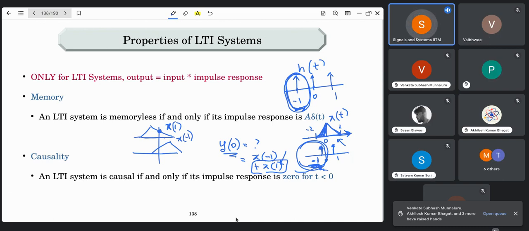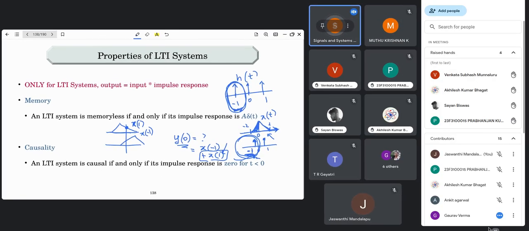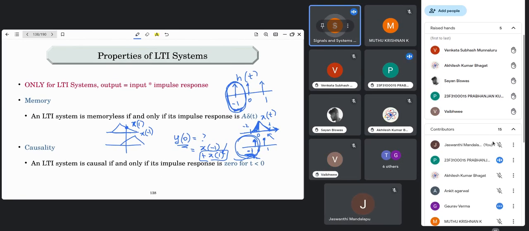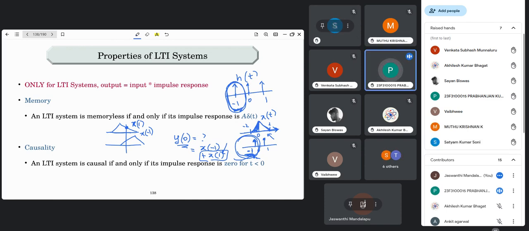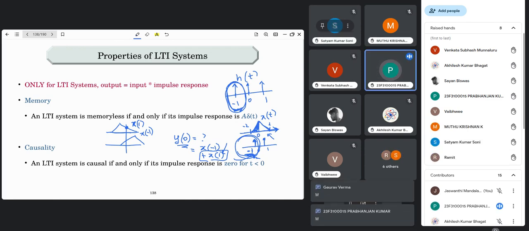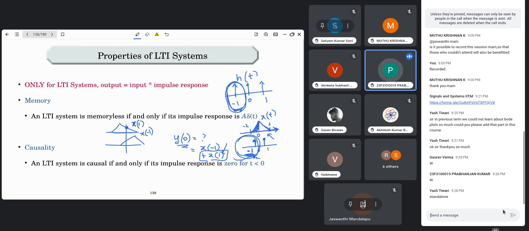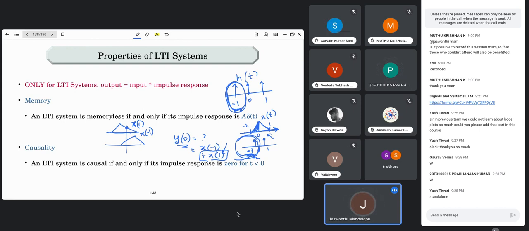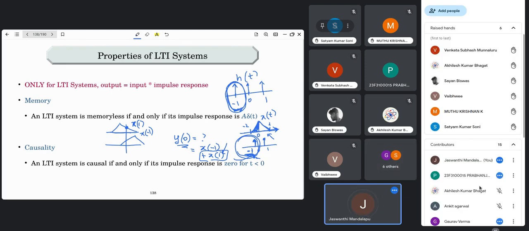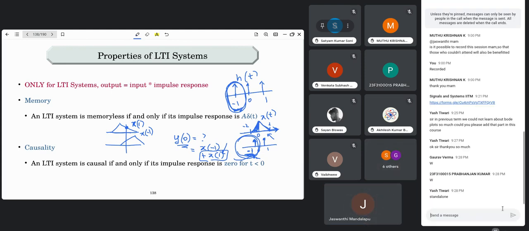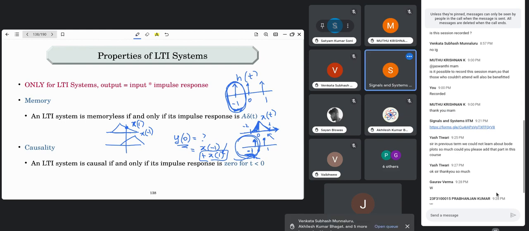If you're working, you can just type W in the chat window. Rest of you just raise your hands. Okay, interesting.